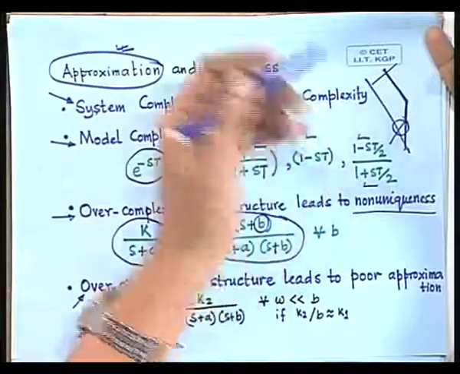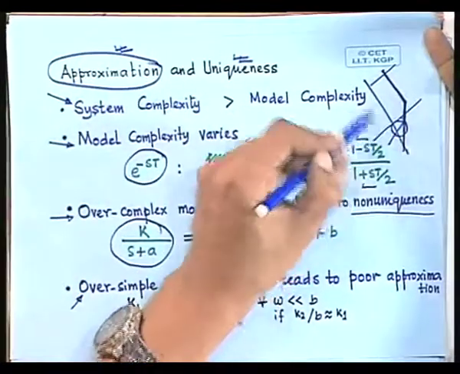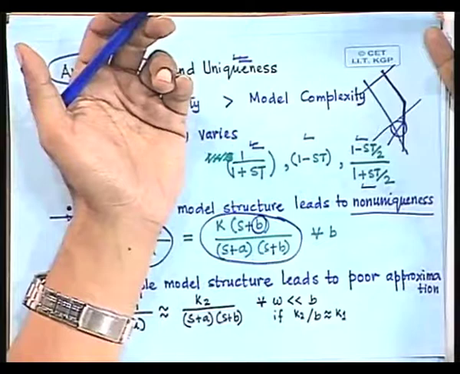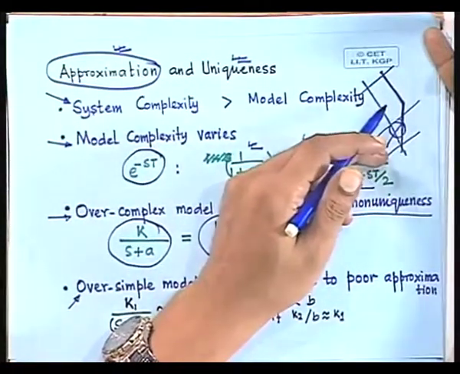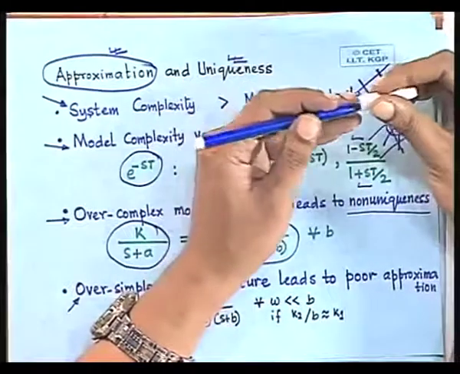It depends on your input spectrum. If your input spectrum only stretches up to this, it's fine. If it stretches up to this, you will never be able to fit a first order model. There you have chosen an oversimple model structure.